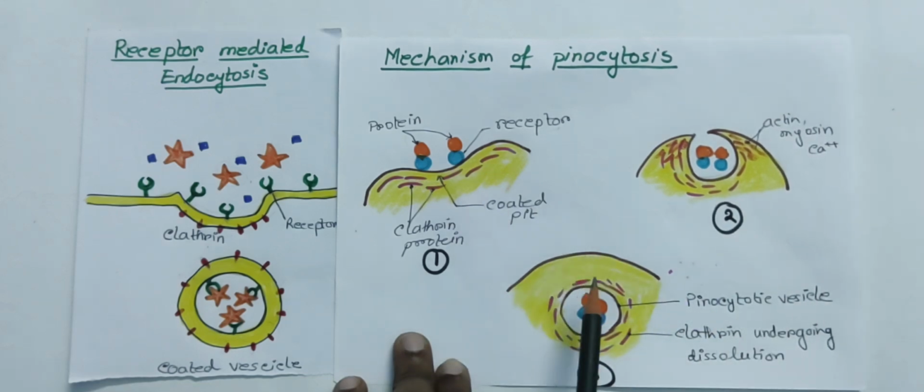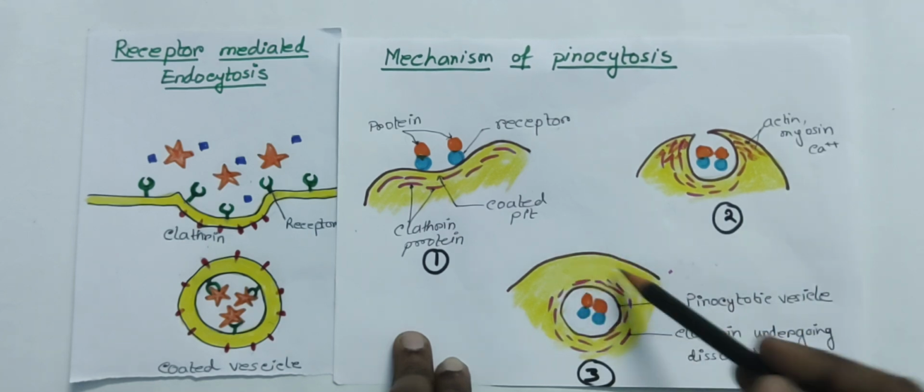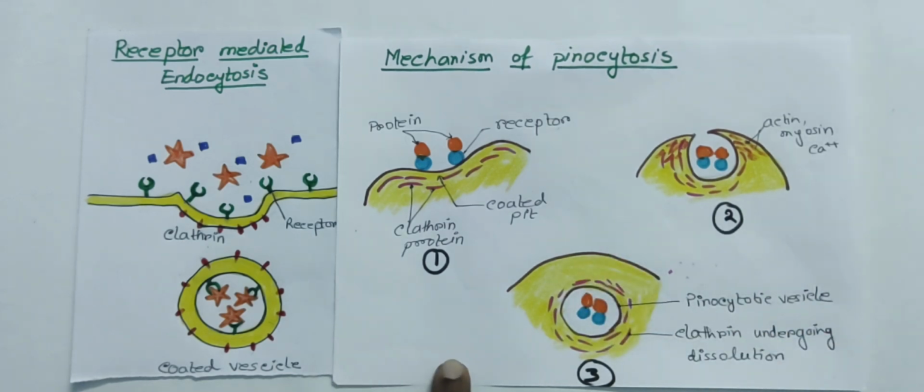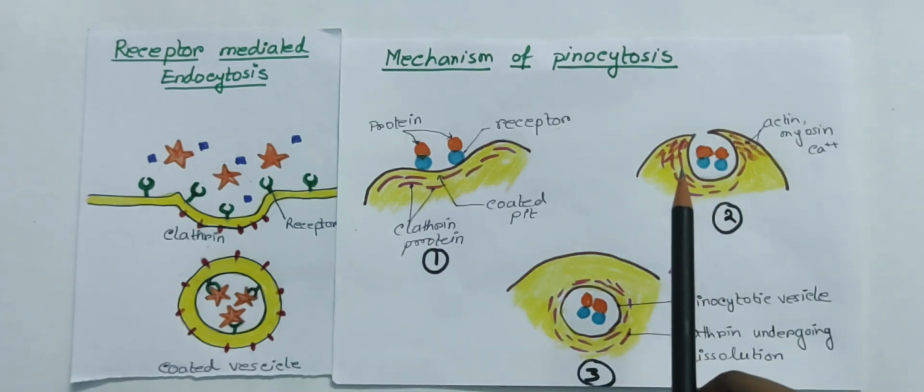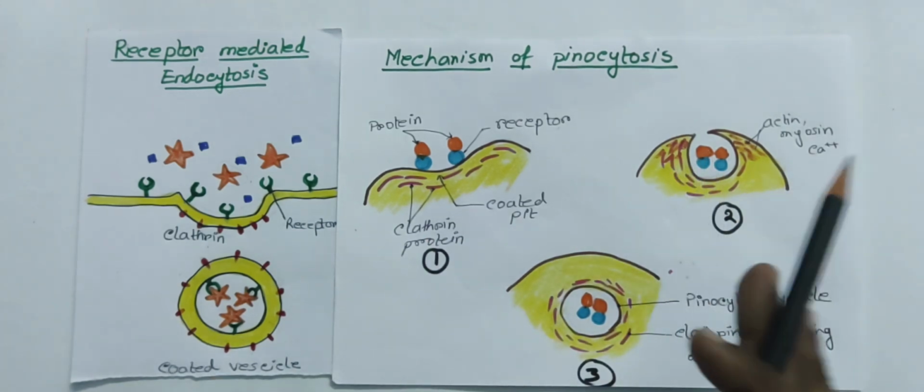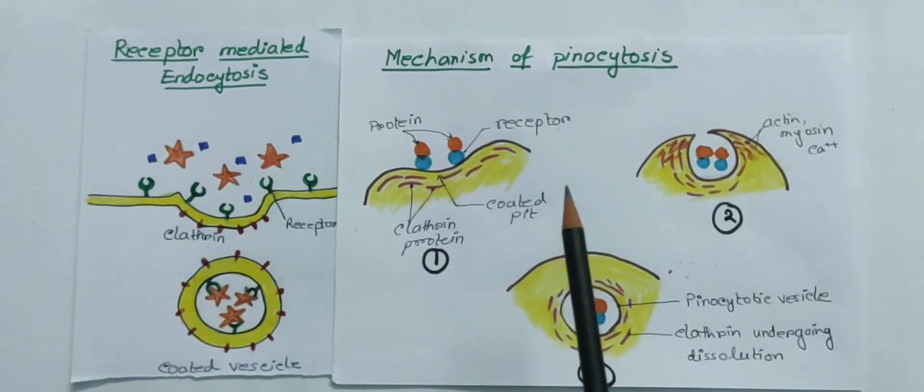The same thing will happen for phagocytosis. After forming that vesicle, these vesicles get inside the cell away from the cell membrane. So this is the mechanism of pinocytosis or phagocytosis. This is actually receptor mediated endocytosis.